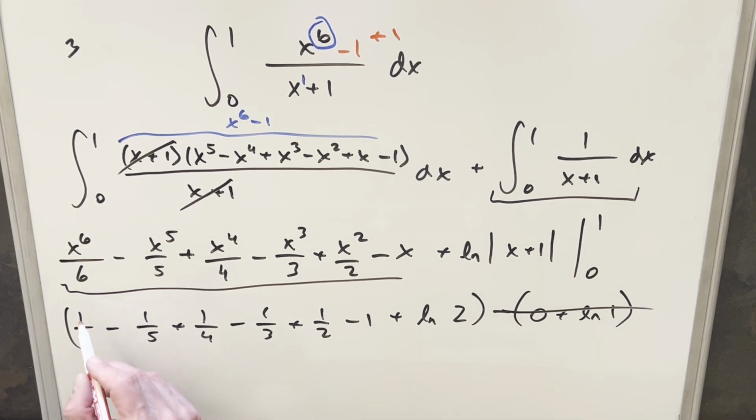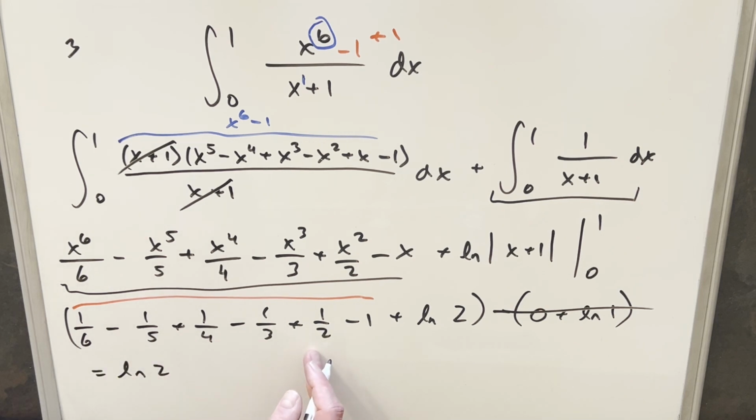So then in order to finish this off, I just need to simplify all these fractions really quick. So now let's put the natural log 2 in front of this. And then for all this, what I need to do is get a common denominator. What works for a common denominator here is 60. So 1/6 becomes 10 over 60, and then minus 12 over 60 is minus 1/5.